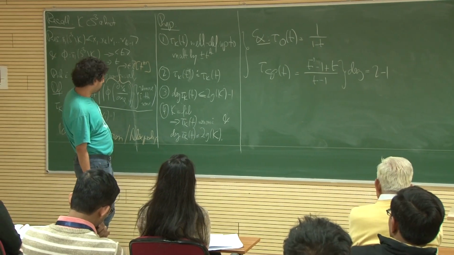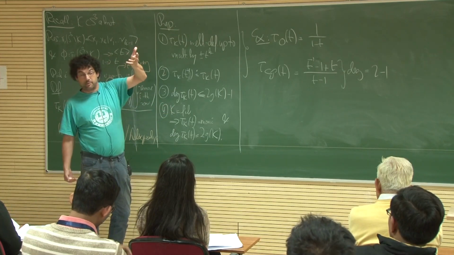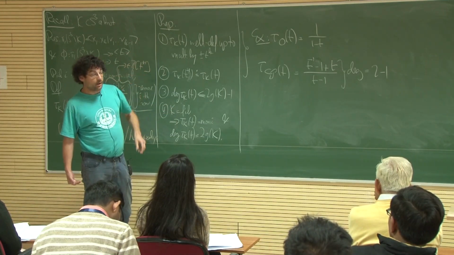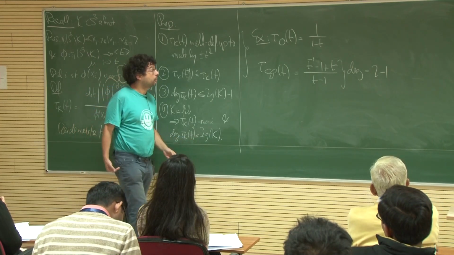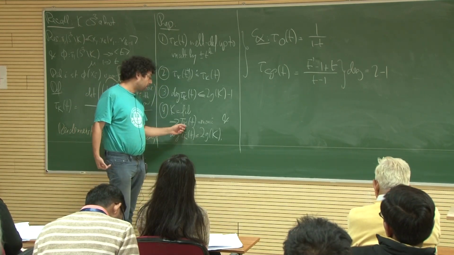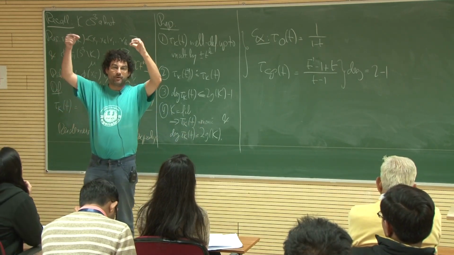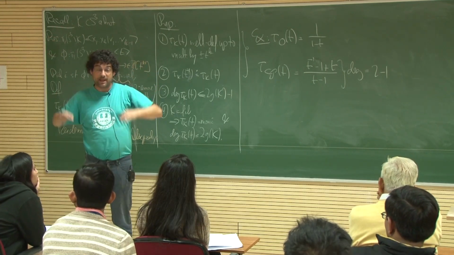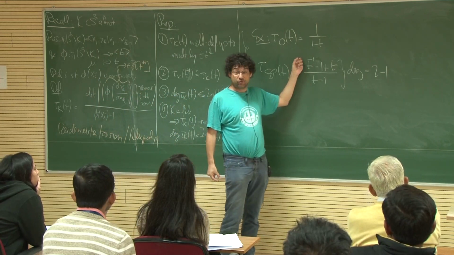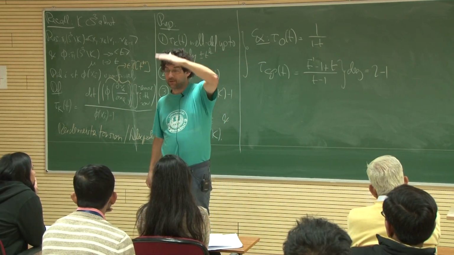Okay, and the last statement was if k is fibered, so if the complement is a surface bundle over S1, then you get equality, and you get that tau is monic. What do I mean by that? A polynomial is monic if the top and bottom coefficients are both equal to 1. And a rational function is called monic if it's a quotient of two monic polynomials.